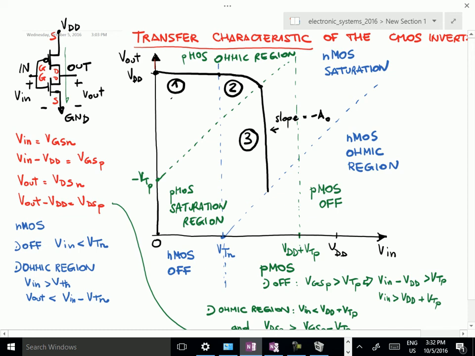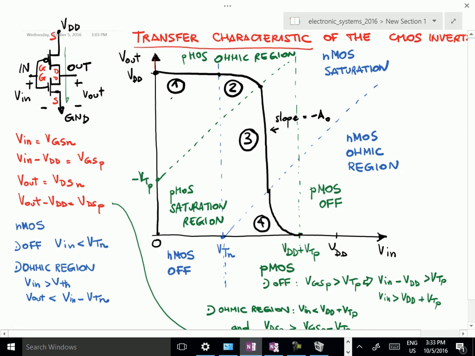Okay, then here we have another change. When you cross this line, the NMOS goes from saturation to the ohmic region, and this means that the voltage drop on the NMOS starts to become very small, and in the end the line is going to degrade.